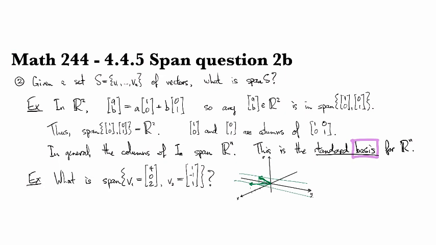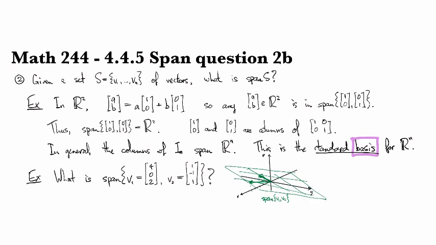So looking at this coordinate grid here, we have this plane, and anything that you can get to, this green plane here, is the span of V1 and V2. So it looks like some plane, some two-dimensional space in R3.